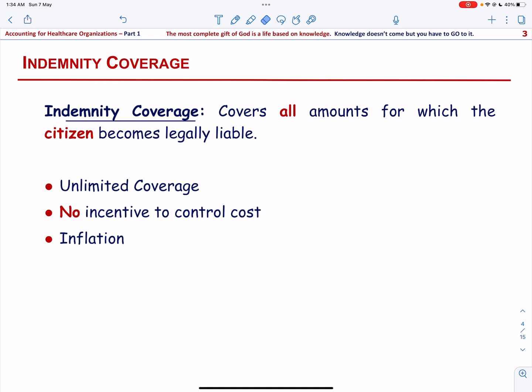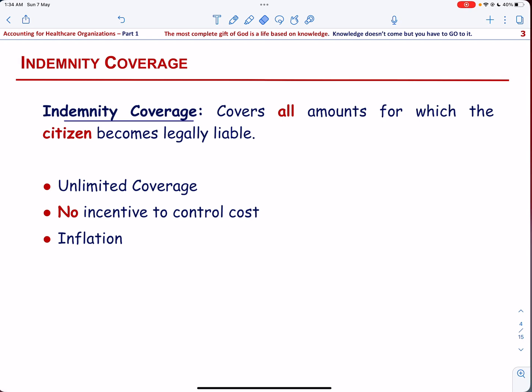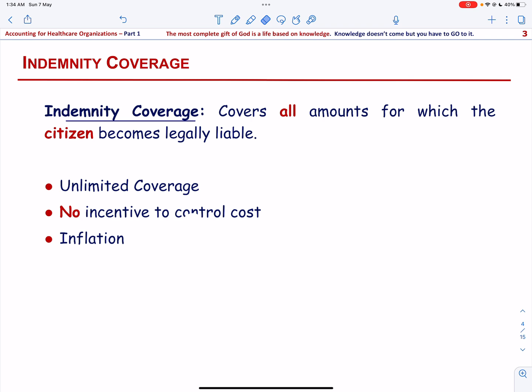And since the hospital is going to receive the money for the services provided, the doctor will serve the patient as much as possible and bill as much as possible, as the insurance company will pay for all the services. So the system does not help to control cost by doctors or hospitals.